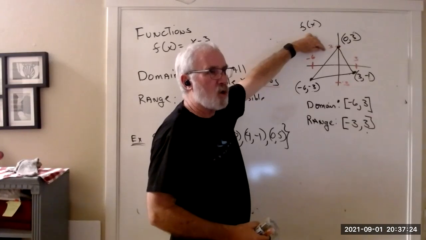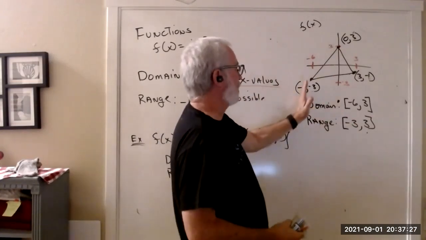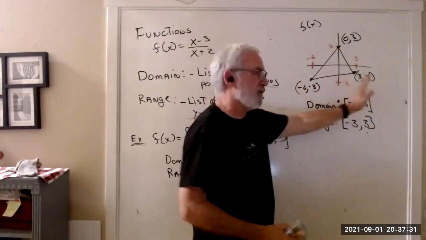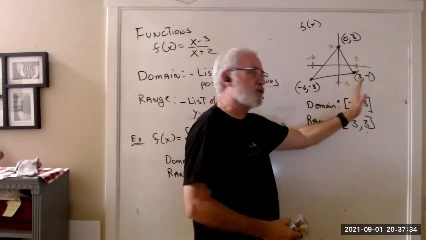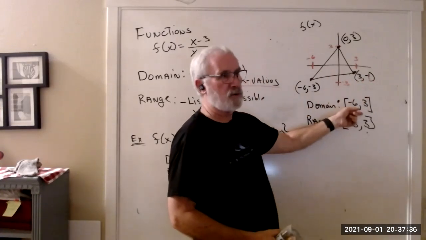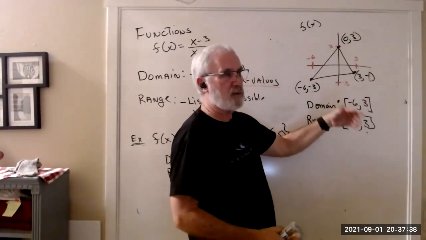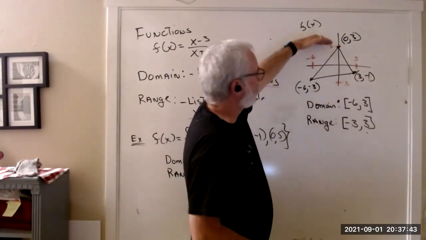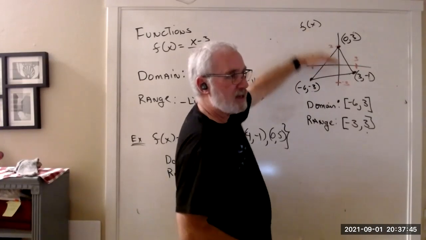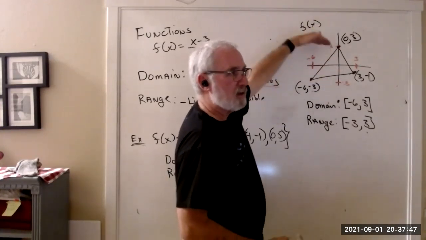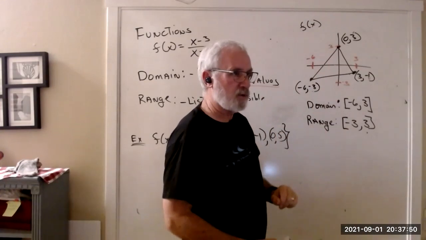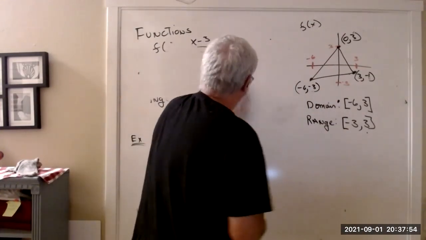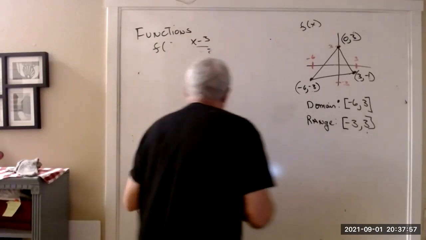The domain means all of the possible x's. Well, the smallest x is -6, the biggest x is 3, and x is everywhere in between. So I represent that with interval notation. Same thing with my y's. The lowest y is -3, the highest y is +3, and everything in between. So I represent that with interval notation. So having said all that, let's try this.